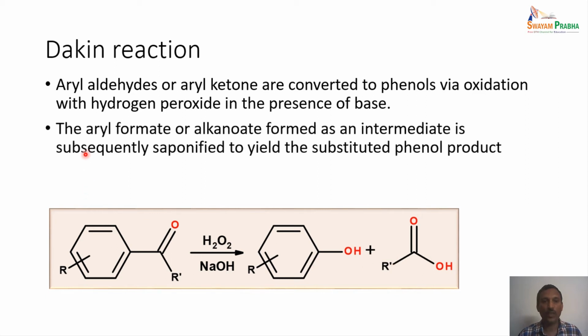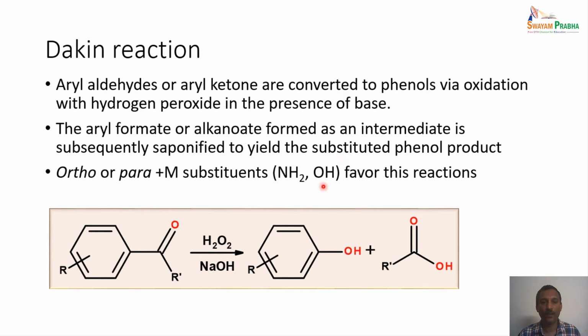In this reaction, either aryl formate, which is formed from the aldehyde, or aryl alkanoate, are the intermediates formed, and they are finally saponified to yield the substituted phenol product. Basically the ortho or para substituents, such as the amino group or the hydroxy groups, favor this reaction.